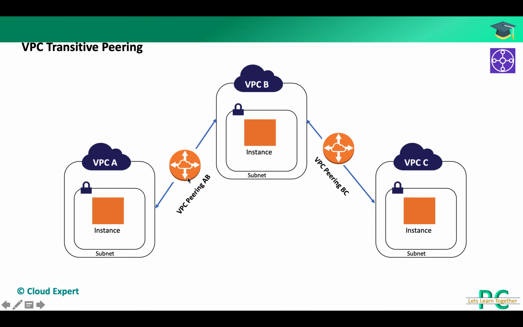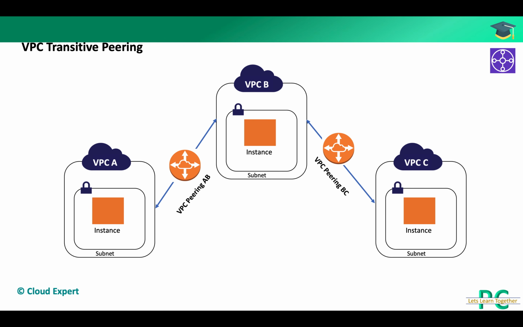Now, on a high level, you can see that A is connected to B and B is connected to C. That means C is connected to A via VPC B. Now, if I would like to ping from one instance in VPC A to VPC C, will that work?